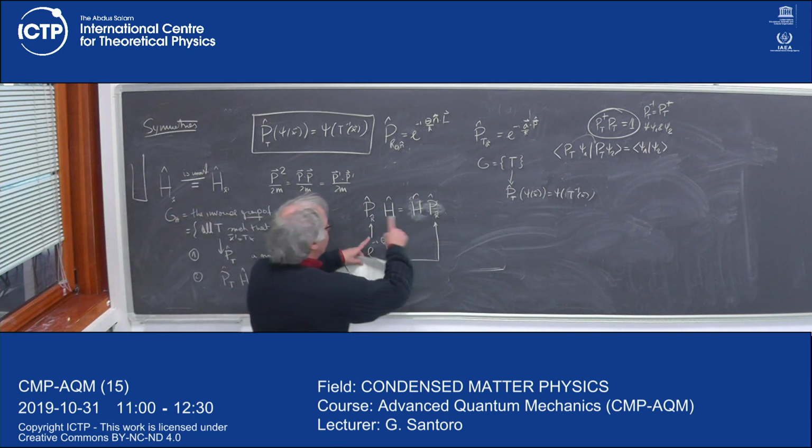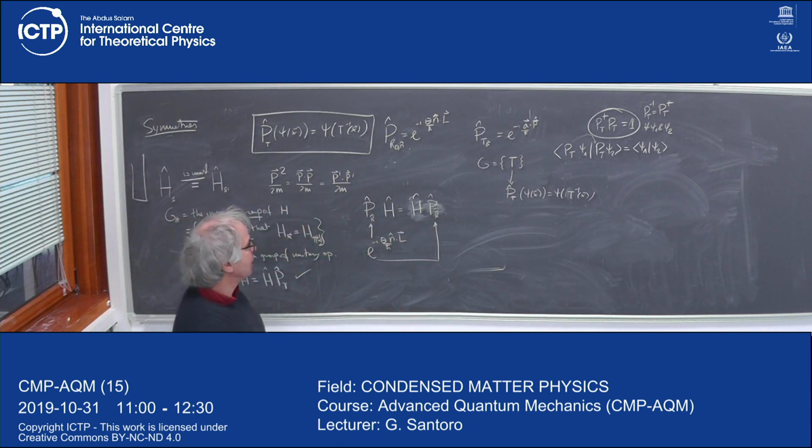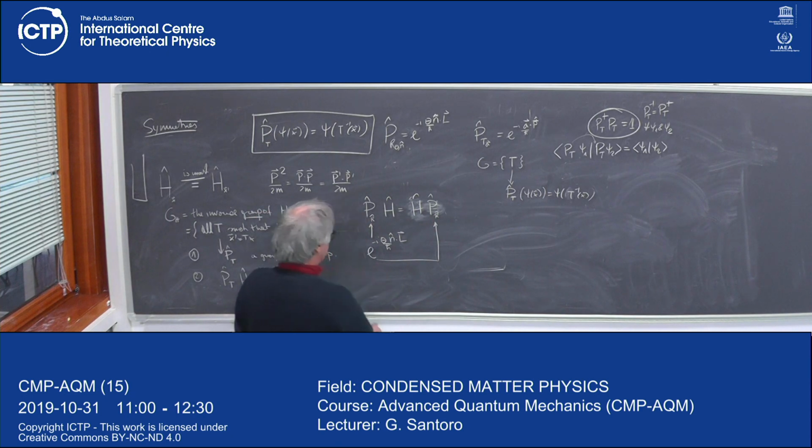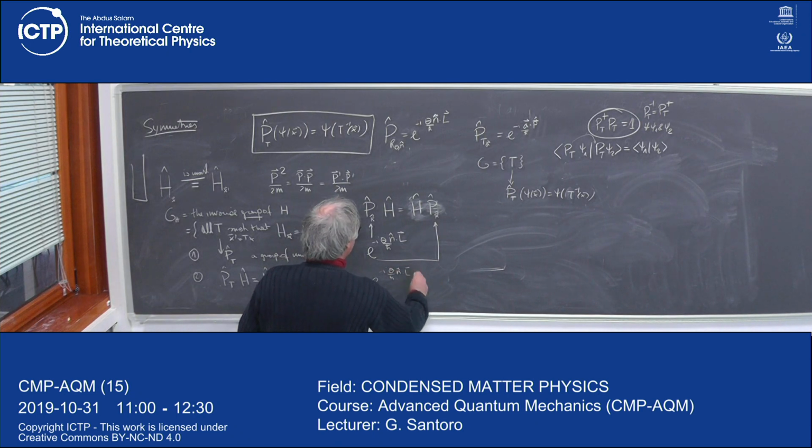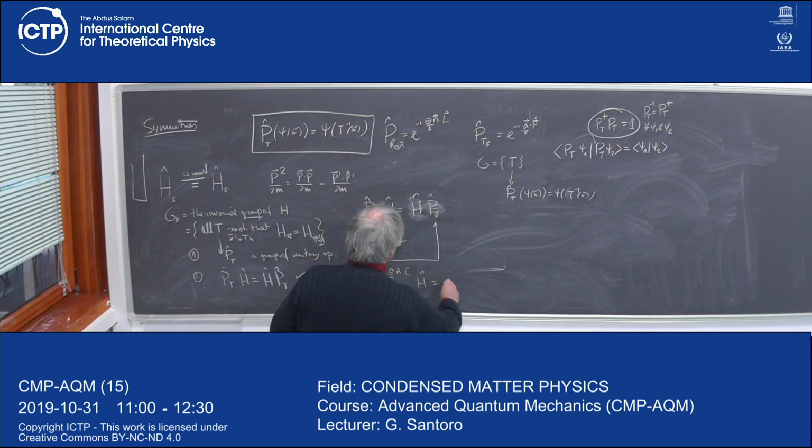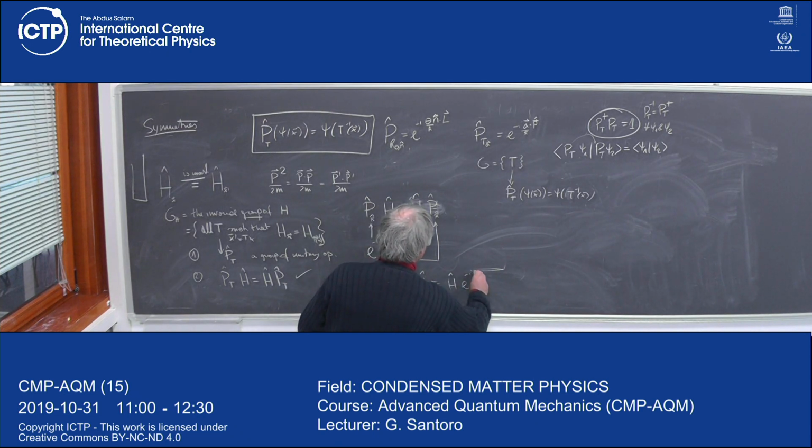So this is the operator that you have there. So this thing is telling me that e to the minus i theta n dot L over h bar times h is equal to h times e to the minus i theta n dot L over h bar.